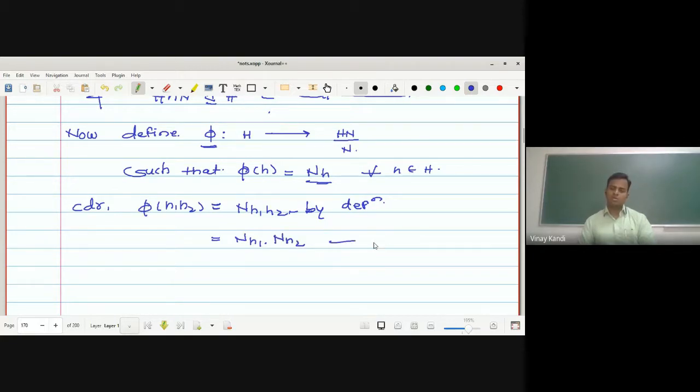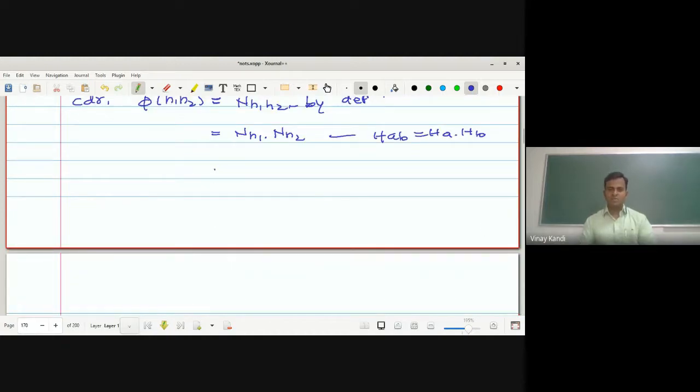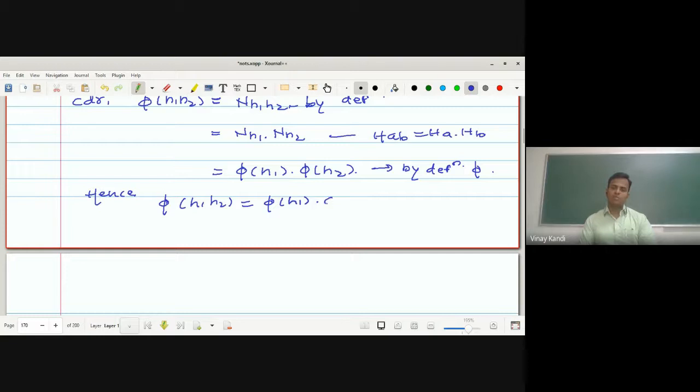Nab is equal to Na into Nb. Now N h1 is phi of h1 and N h2 is phi of h2, by the definition of phi. Hence we get phi of h1 h2 is equal to phi of h1 into phi of h2.